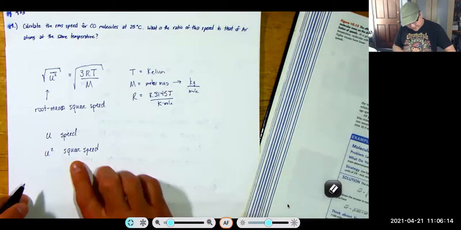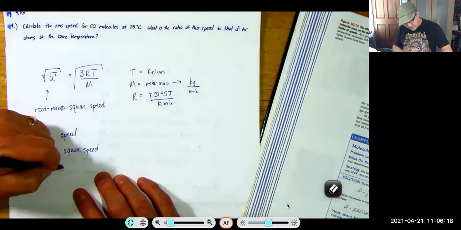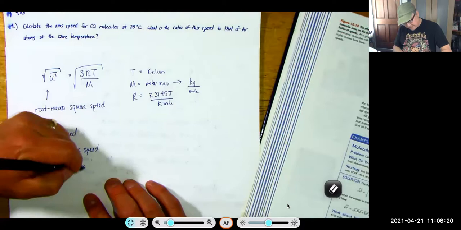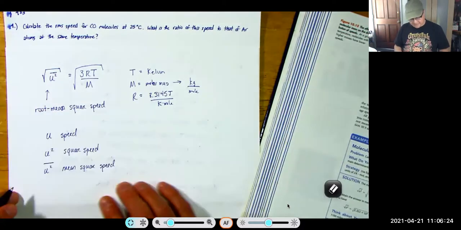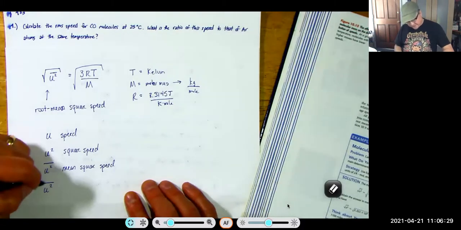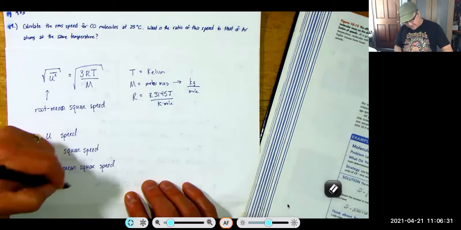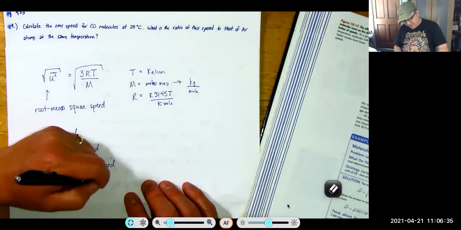And this is the mean square speed. And this is the root mean square speed.